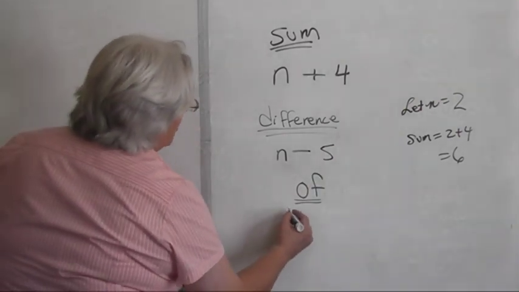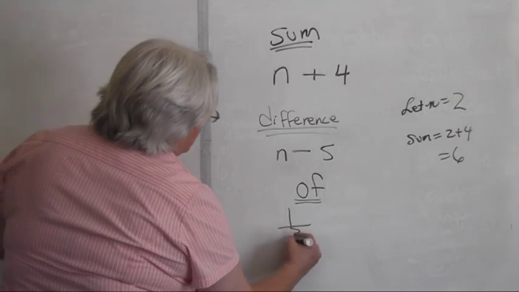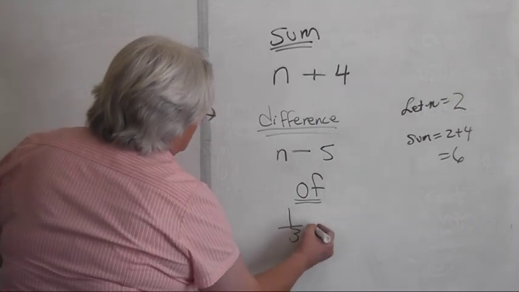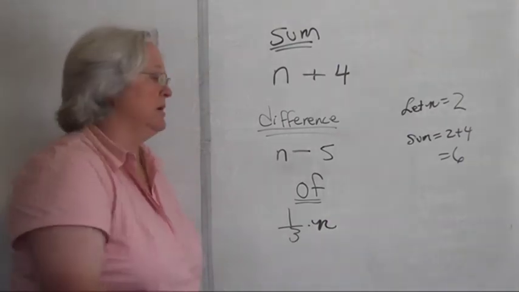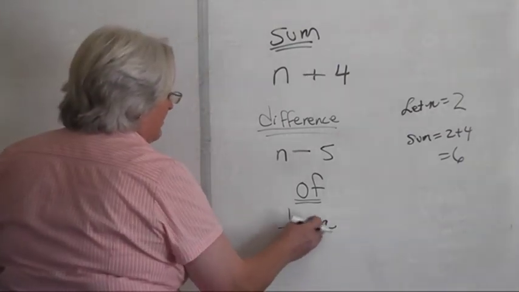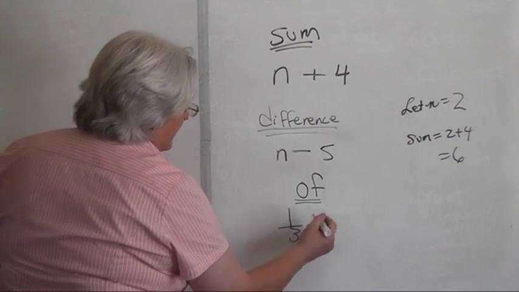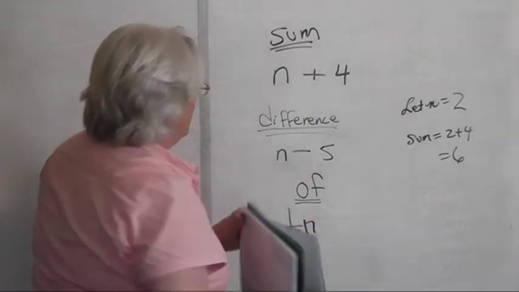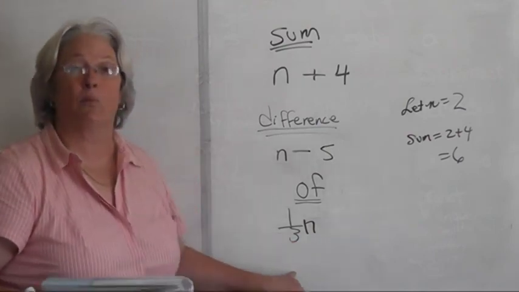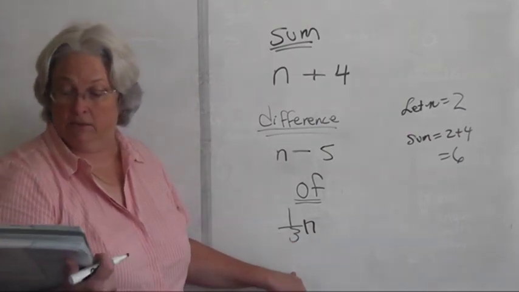So this would be 1/3 times n. But remember, when we have our number bumped right up against the letter, that means multiplication. So 1/3 of a number, 1/3 n.